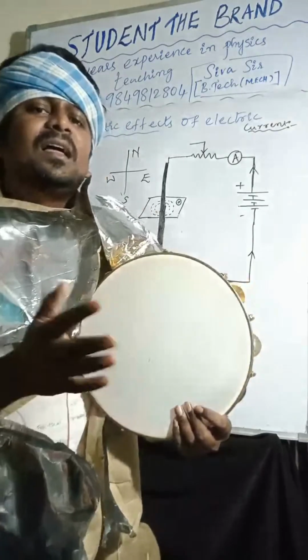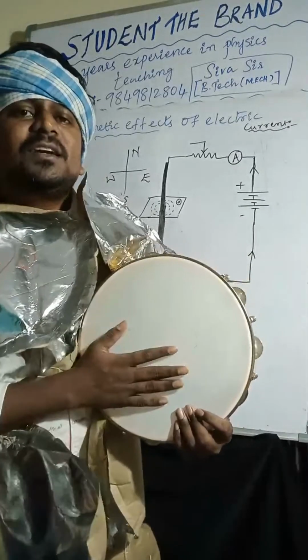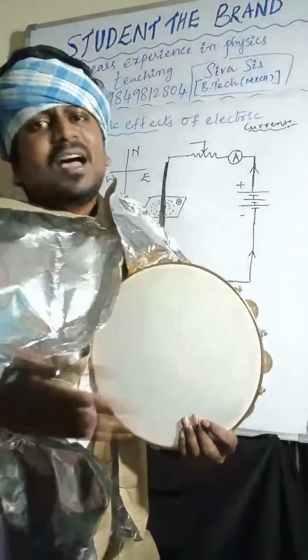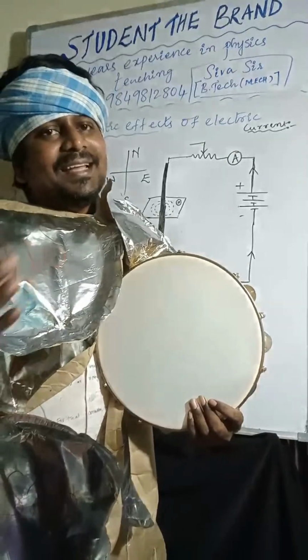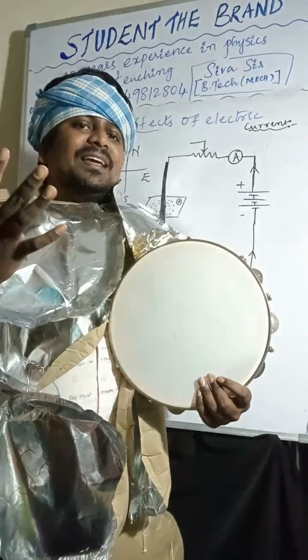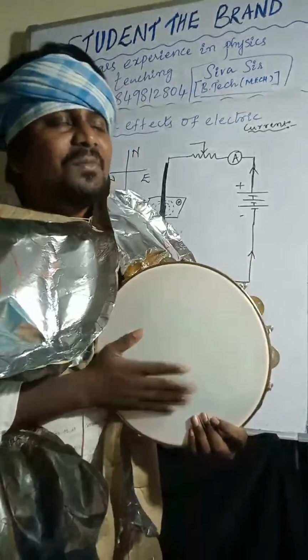Hypermetropia, hypermetropia. Far distance we can see, near distance we can't see.